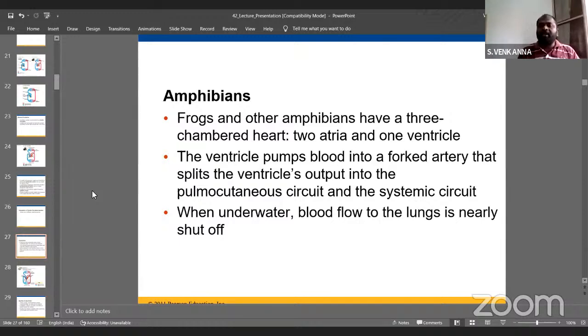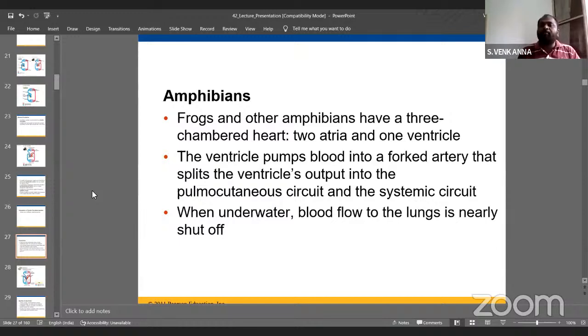Frogs and other amphibians have three chambers: two atria and one ventricle. The ventricle pumps blood into a forked artery that splits the ventricle's output into the pulmonary circuit and the systemic circuit.